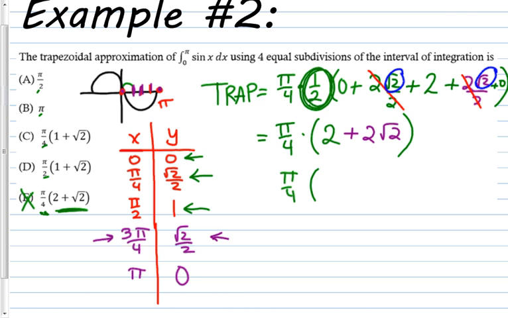Like I said before, it's not in any of my multiple choice answers. So let me get rid of it by multiplying by 1/2, or dividing by 2. So 2 over 2, that's 1. And then basically these cancel out, right? So it becomes 1 and then just the square root of 2. And then looking at my multiple choice, those are my options. But then the pi over 4 is what I needed, so it's C.